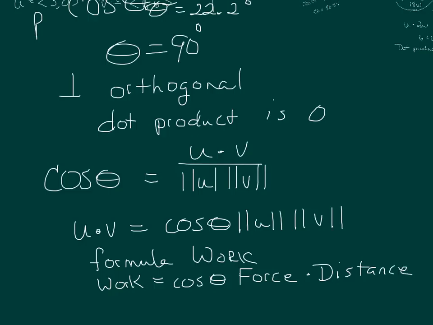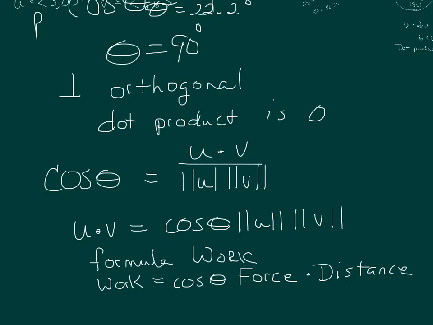This is another physics application, so don't ask me why. I'm not a physics person, but work is defined as the cosine of theta times the force required to move or lift something, times the distance. So that's not a dot product of force and distance.